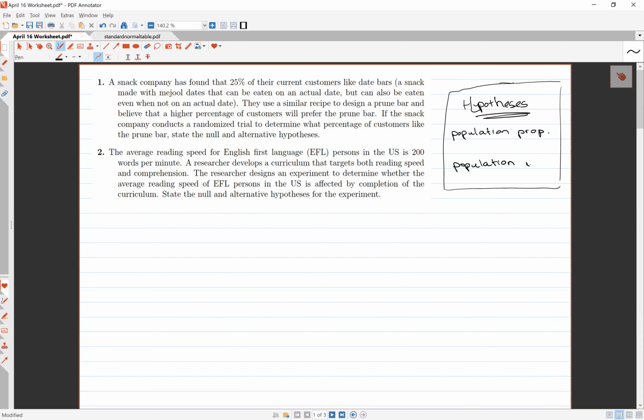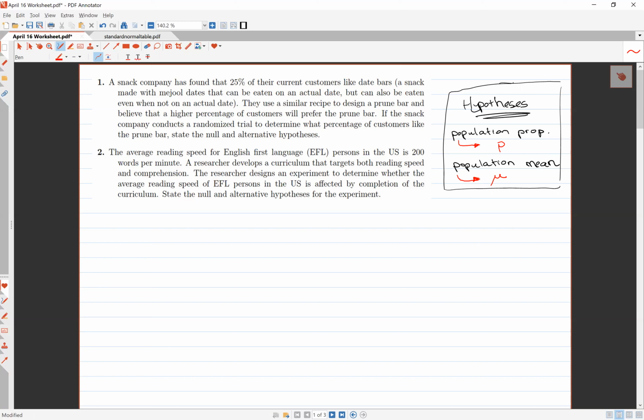And this is connected to, like, we know how to work with the sampling distribution of the sample proportion, and we know how to work with the sampling distribution of the sample mean. So if you have something dealing with a proportion, the relevant quantity is P. If you have something dealing with a mean or an average, the relevant quantity is mu. So I think that's a nice little guide.